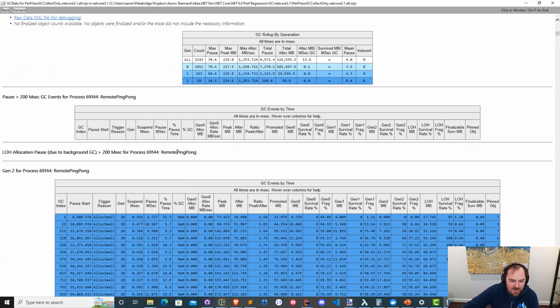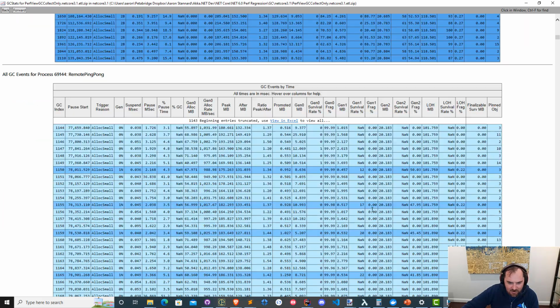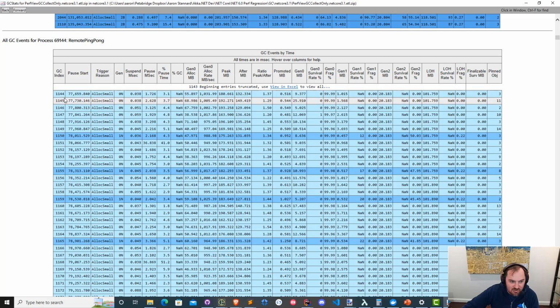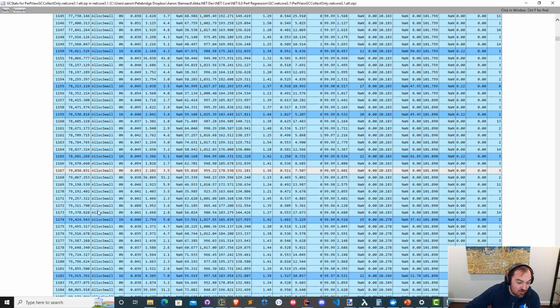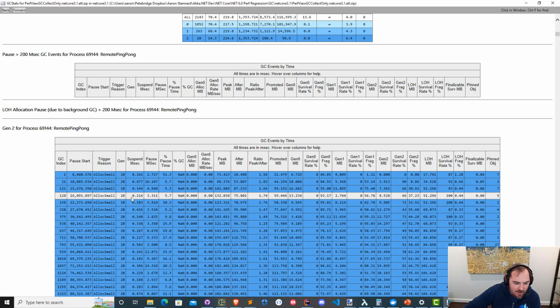Well, there's more detailed stats I can get into down here, such as I can take a look at GC events by time. I can see every single what's called a small allocation. This means we allocated and collected objects that are smaller than what fits into the large object heap. I can dig into that. If we had large object heap allocations, you would see those appear on here as well. And so there's a whole bunch of rich, detailed information you can dive into here.